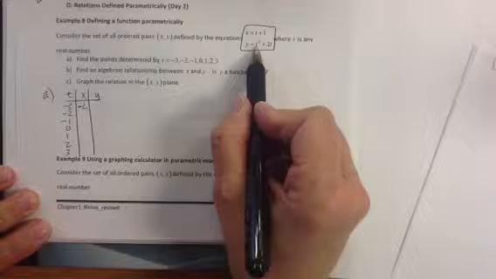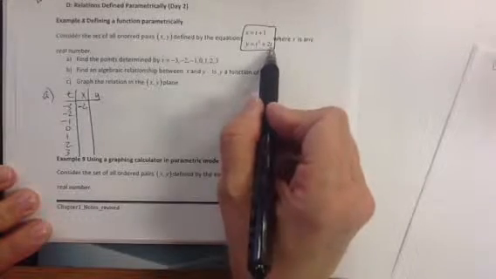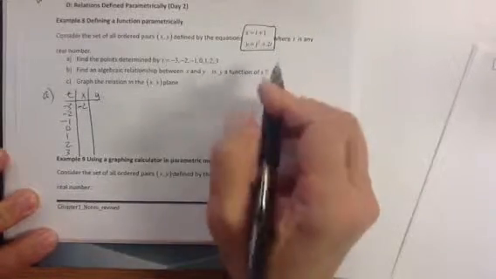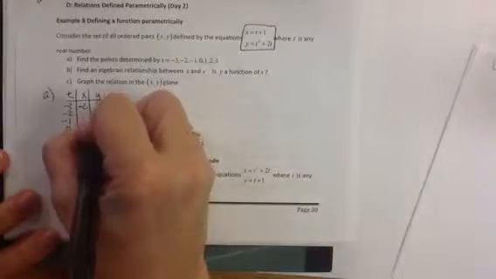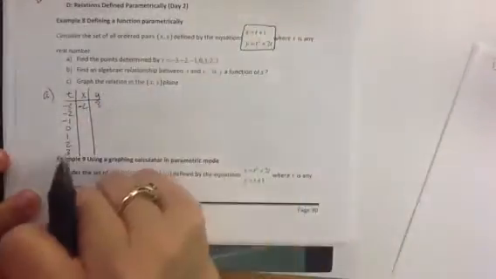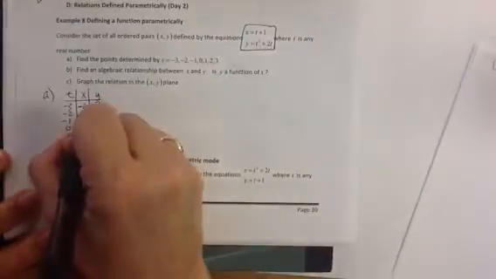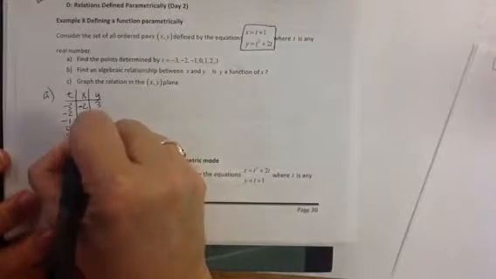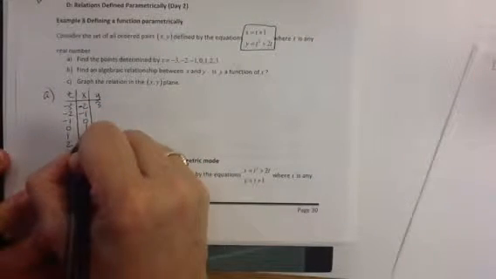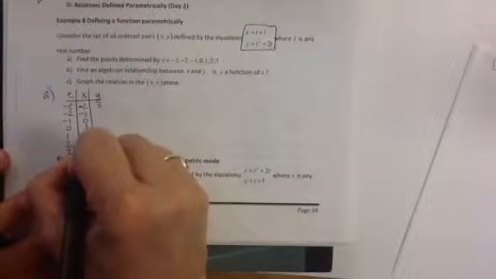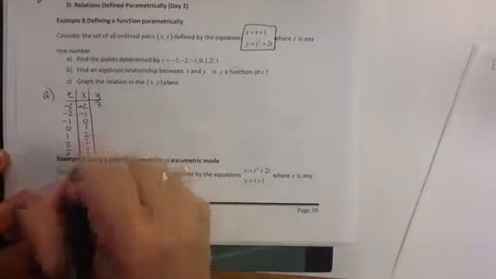Negative 3 squared is 9, plus 2 times negative 3 is going to be 3. And I'm going to put every single one of those points in. So I'm going to put negative 2 plus 1, negative 1 plus 1, 0 plus 1, 1 plus 1, 2 plus 1, and 3 plus 1.